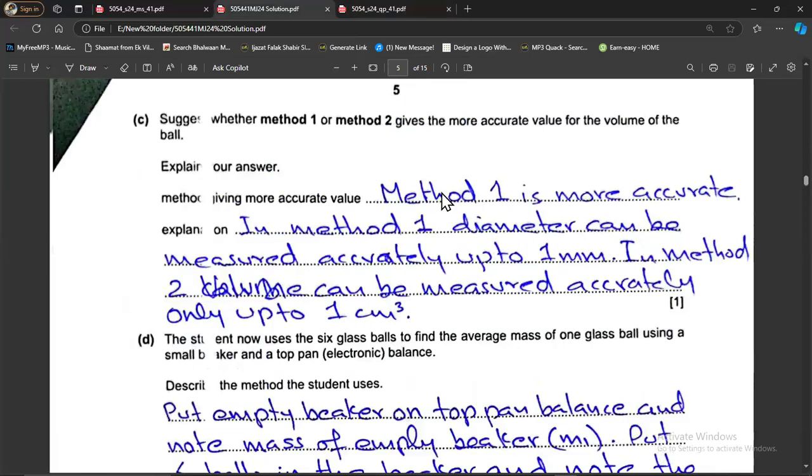My answer is that method number 1 is more accurate as compared to method number 2. The explanation is that in method number 1, the diameter can be measured accurately up to 1 millimeter. In method number 2, volume can be measured accurately only up to 1 centimeter cube. So when you find the volume on the basis of something accurate up to 1 millimeter, it will give more accurate values.